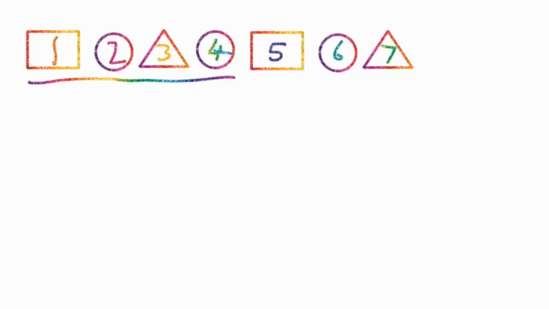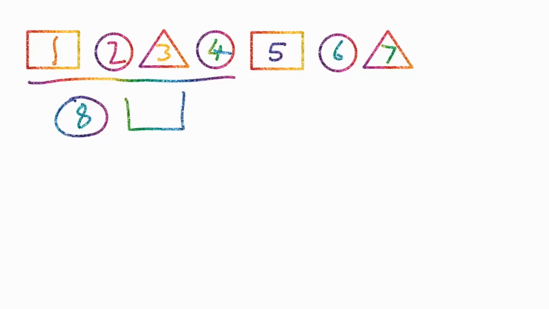Now, the eighth one would be a circle because after triangle right here, there's a circle. Circle, sorry. Let me undo that. Circle, and that would be our eighth shape. And after a circle, there's a rectangle, and it keeps repeating.